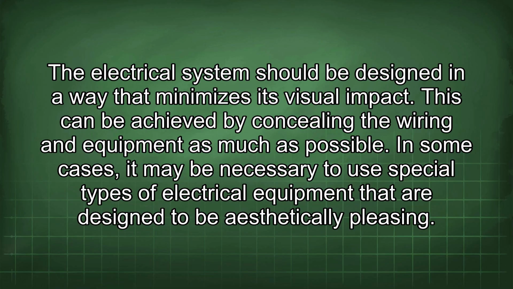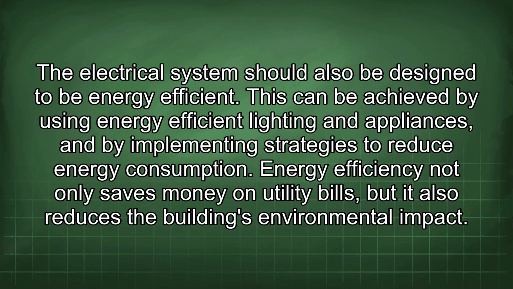In some cases, it may be necessary to use special types of electrical equipment that are designed to be aesthetically pleasing. The electrical system should also be designed to be energy efficient. This can be achieved by using energy-efficient lighting and appliances, and by implementing strategies to reduce energy consumption.